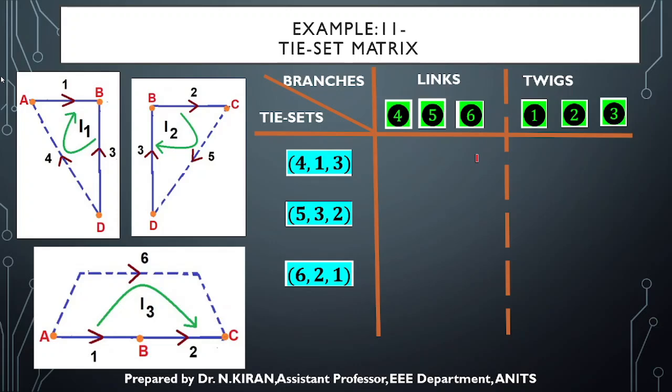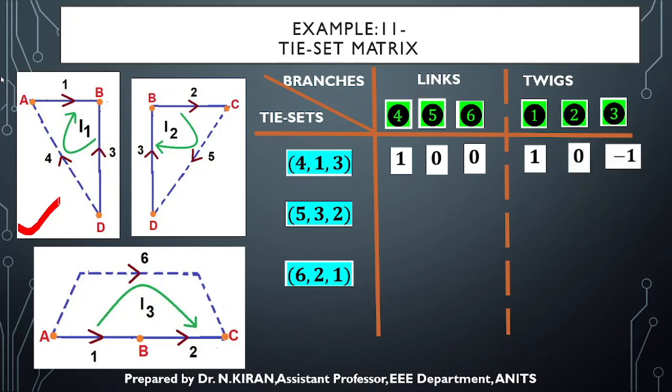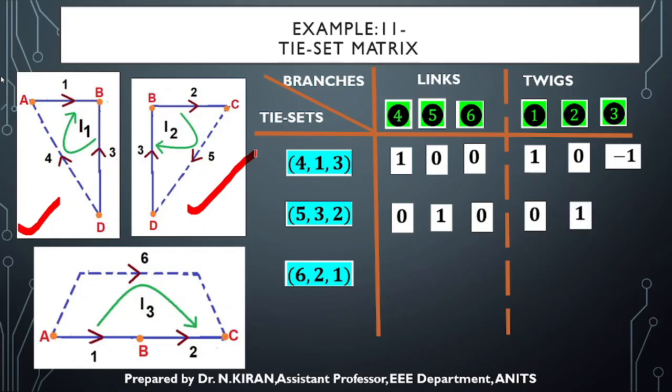In the first tie set, 4, 1, 3 are related. So 4 is in the same direction, 5, 6 nowhere related, 1 is in the same direction, 2 is nowhere related, 3 is in the opposite direction. Next, the second tie set: 4 is nowhere related, 0, 5 is in the same direction, 6 nowhere related, 1 is also not related to my second tie set, 3 is in the same direction, 2 is also in the same direction.